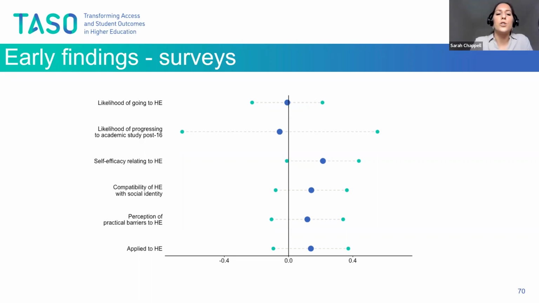This graph helps to illustrate what I was just talking about. The likelihood of going to HE remains very much in the middle, because there was no real difference between our treatment and control group.